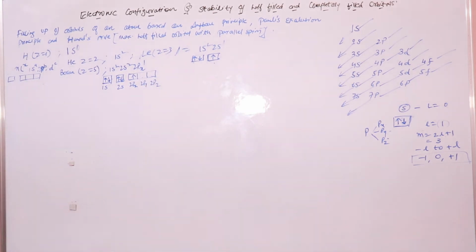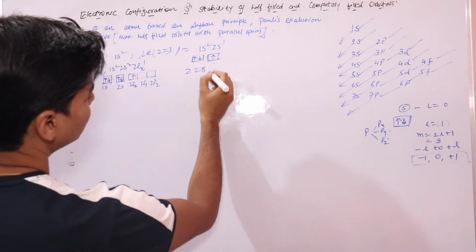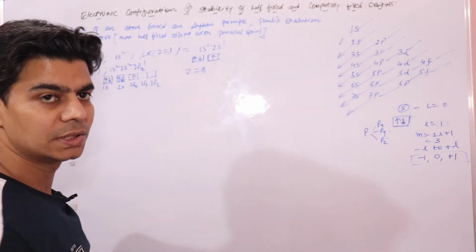So now let's look at one more. Let's look at the electronic configuration of oxygen. The atomic number is 8. So you have to distribute 8 electrons as per this sequence.